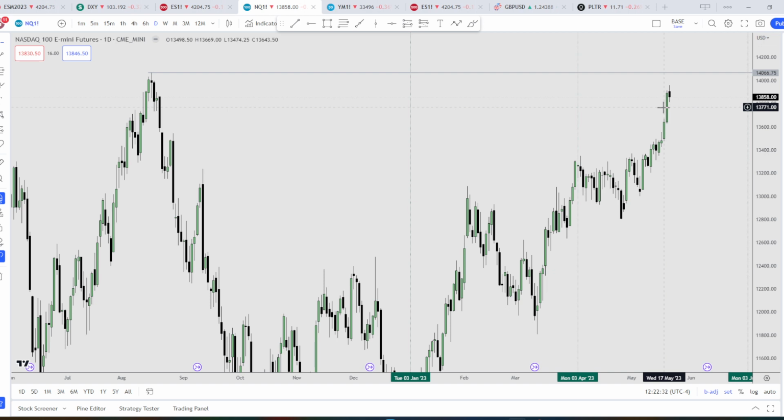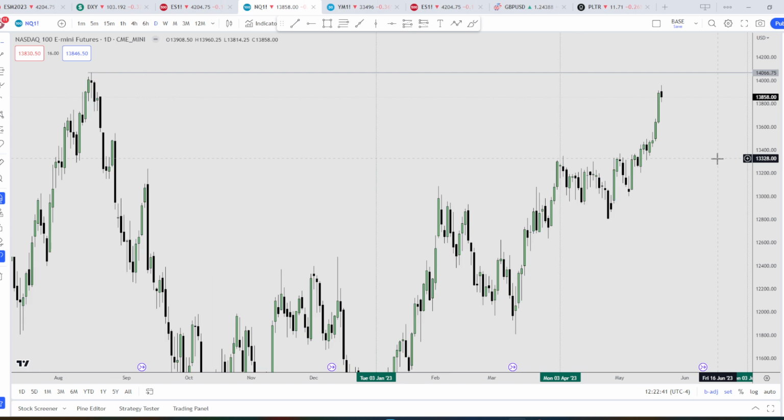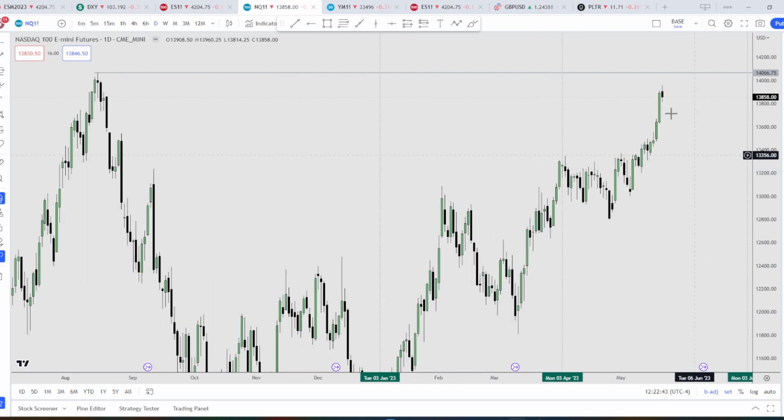Okay, we could use this fair value gap right here, right, but I'm expecting similar to euro, no, sorry, not euro but DXY. I'm expecting some form of retracements before higher. Okay, if by any chance it goes higher first, then of course I'll be looking for shorts, because higher time frame objectives have been met, so that should signal at least a short-term retracement, right?